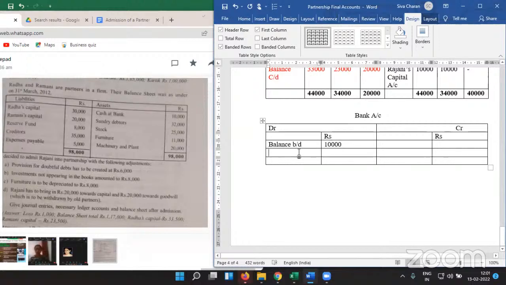After that, the capital of the new partner, that is Rajani. She brought 20,000, and Rajani's goodwill 20,000 came into the business. Then Radha and Ramani withdrew that amount.